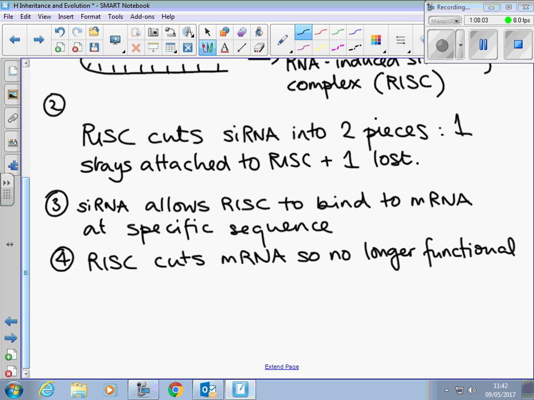Now, you get mutations occurring in cells all the time, and we're doing a lot of repair all the time. But if you get an accumulation of mutations in both of these types of gene, it would be like driving your car with the accelerator jammed on and your brake cable cut. So it's accelerating and you can't apply the brake.